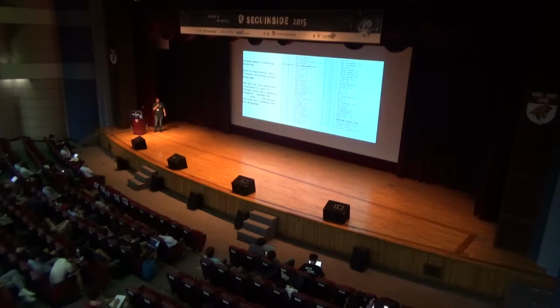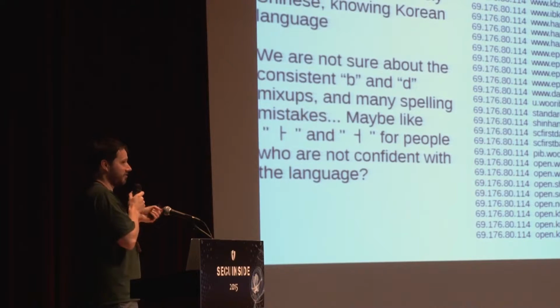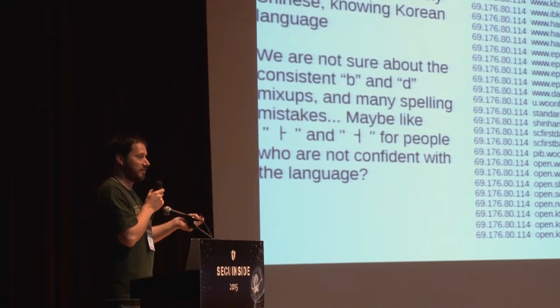When you look at the actual domain names, instead of bank, they had dank as well. And I was thinking, why is that? Maybe they did that because they thought people would mix up the B and the D. When I just started to learn Korean texts, I sometimes mixed up letters and wrote things in a wrong way.